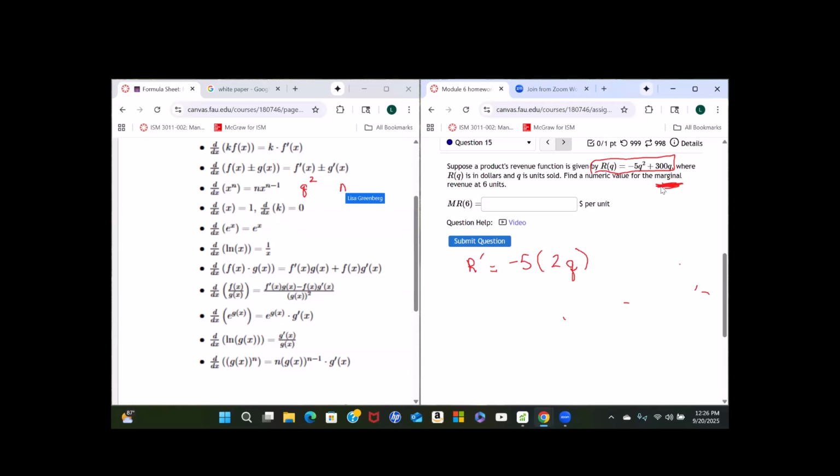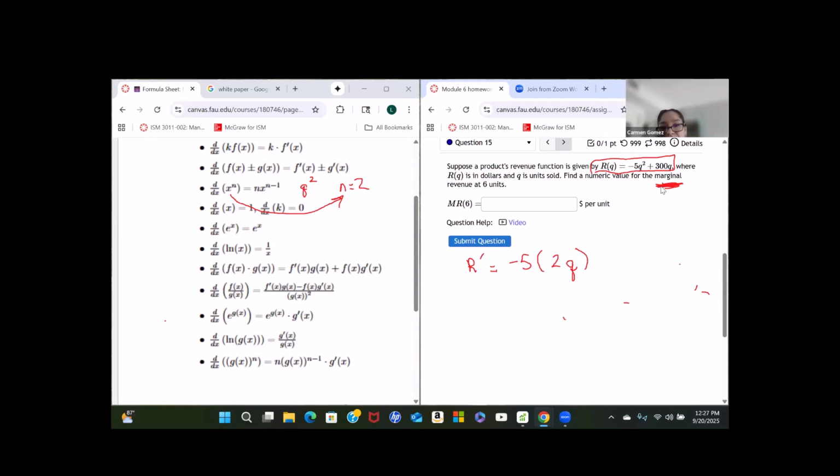That means n equals 2. I'm sorry, I was ignoring the Q. See, R of Q, that's why I'm saying, I'm just trying to show you, I said this was important, this would be the derivative with respect to Q. I don't have an X here. That's why at some point it's going to be important, without using that, with just using primes. Do you see how we get -5 times 2Q? That's all I need to know.